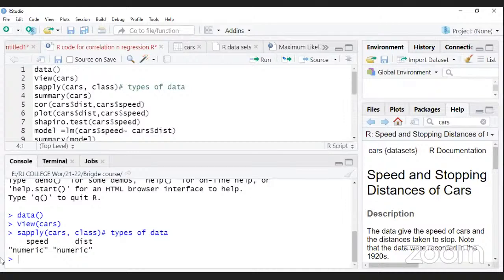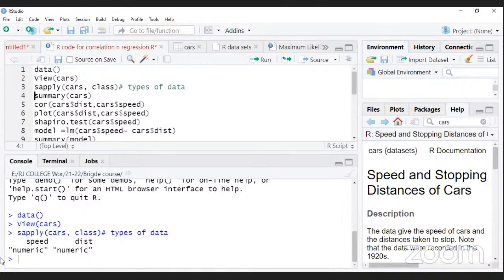Before I continue with further commands, let me know how many students are not aware of this RStudio software till now.